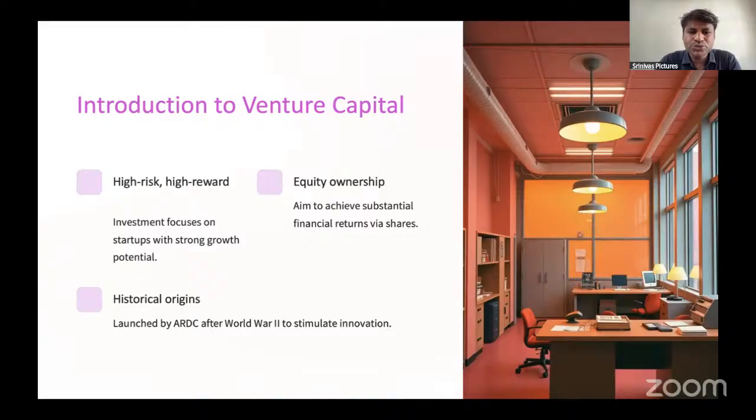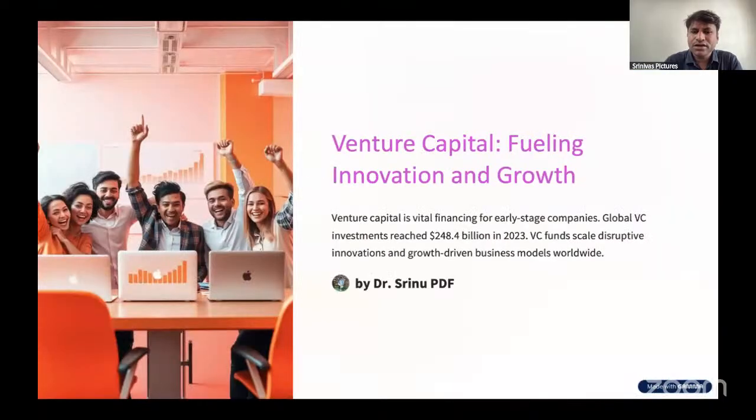In block 2 there are 3 units. The first one is leasing financing related topic. The next one is hire purchase. The third one is venture capital. If I explain this venture capital, that third unit of block 2 is over.